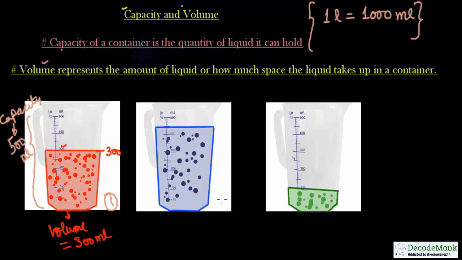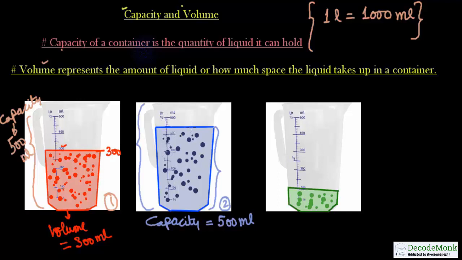Next, in figure 2, we can check that again. Here capacity is same as our first picture, that is 500 milliliter. Whereas the volume, you can check water has been filled up into this beaker up to the mark. You can check this is 100, 200, 300, 400 and this is 500.